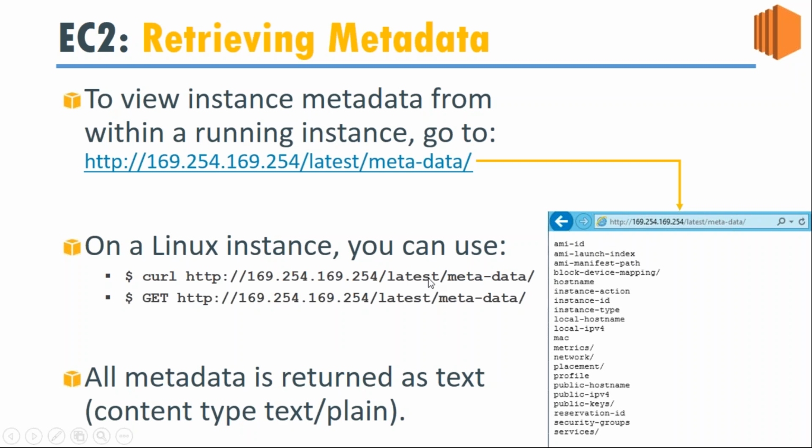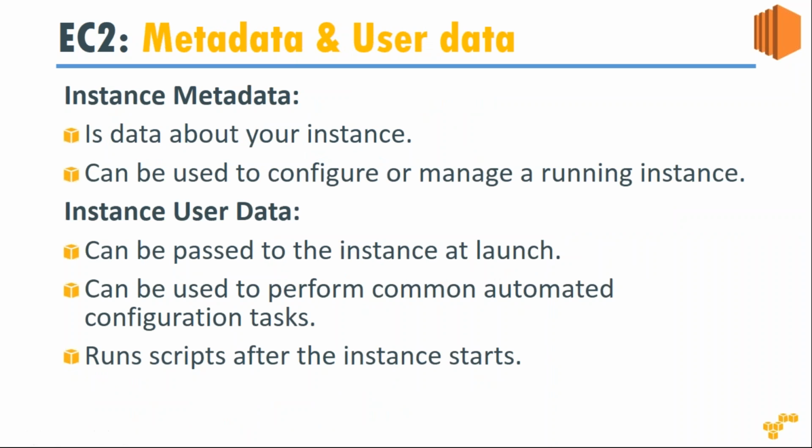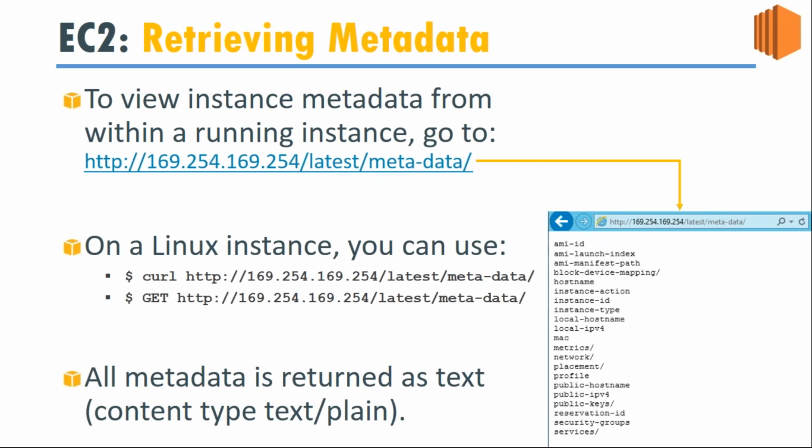So, going back to the previous slide, what it means is it can be used to configure or manage a running instance. Why I say that is, let us say I have a very descriptive host name saying web server 01. If I find the word web in my instance name, then I will start configuring my web technologies or HTML files on the server.